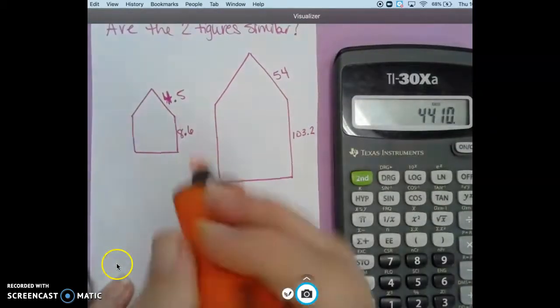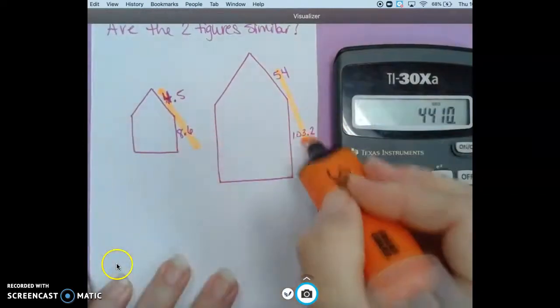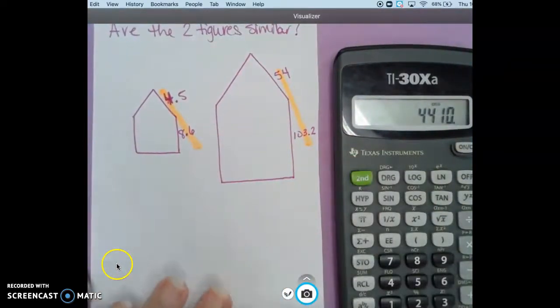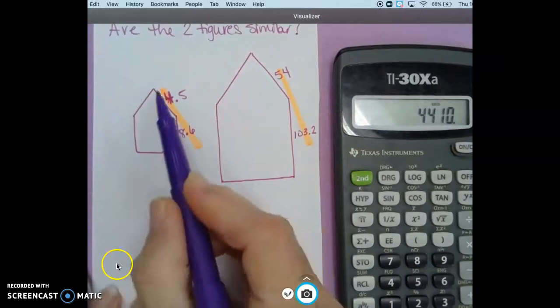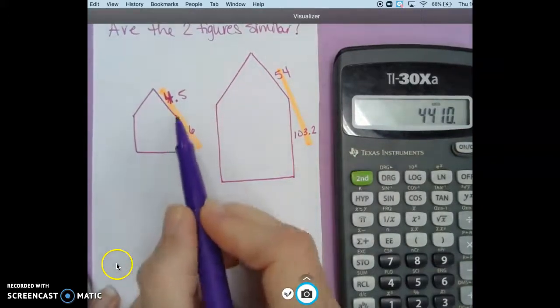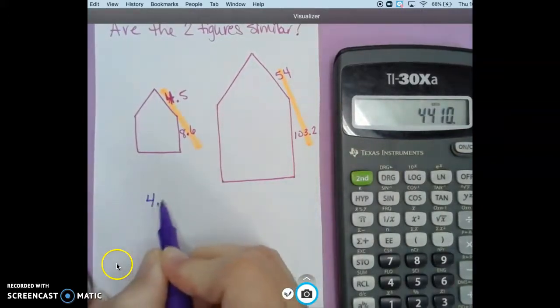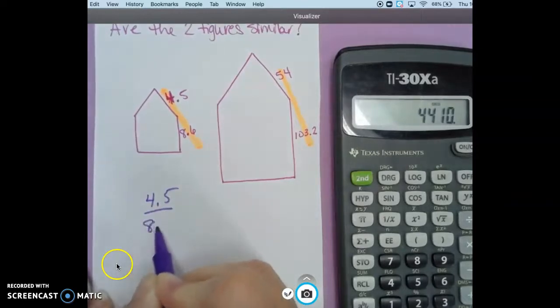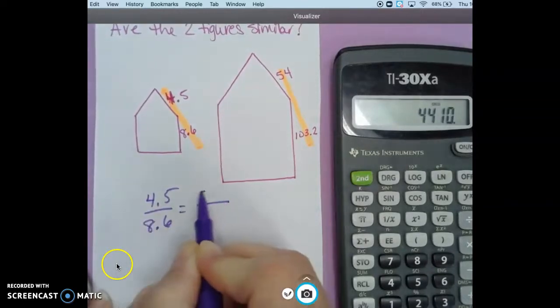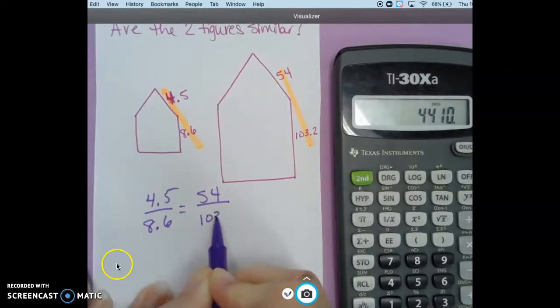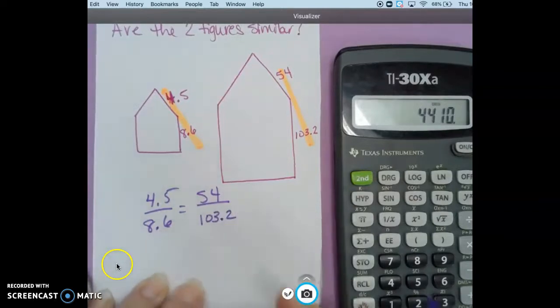All right, again, if it helps you to highlight or draw, we've got, I'm going to say, the roof of the house and the side of the house. So 4.5 times 8.6 and 54 and 103.2. And we want to know if they're similar or not.